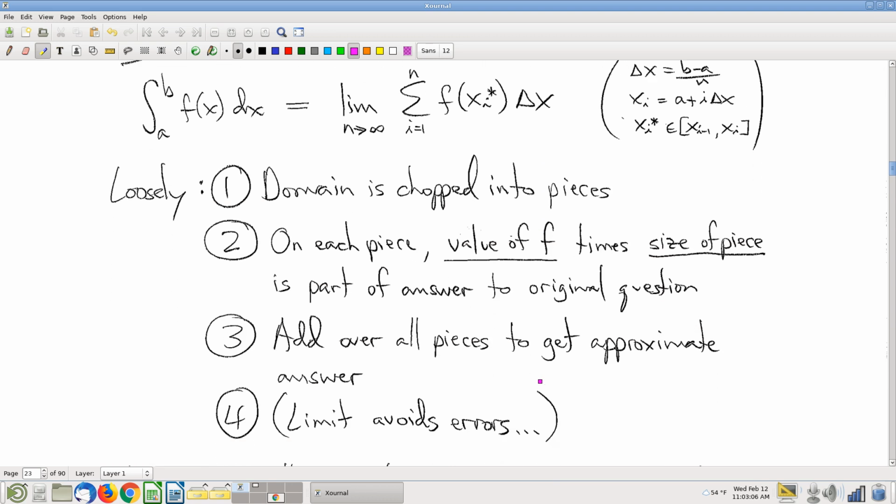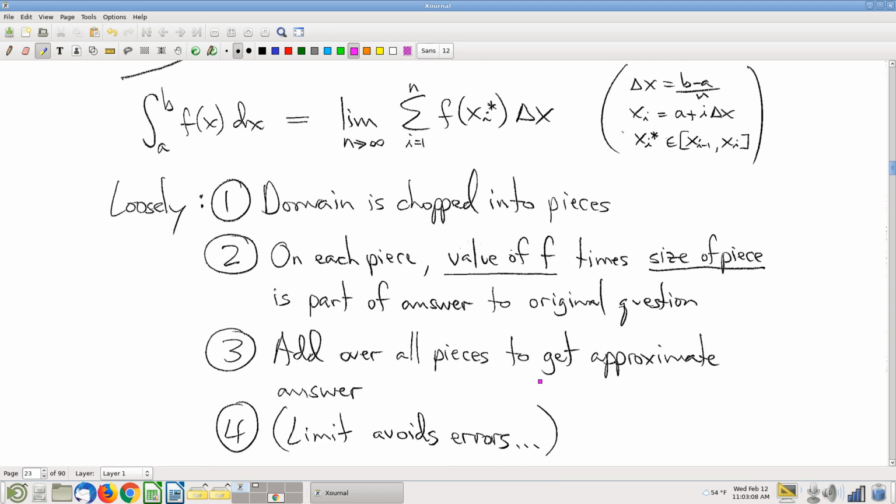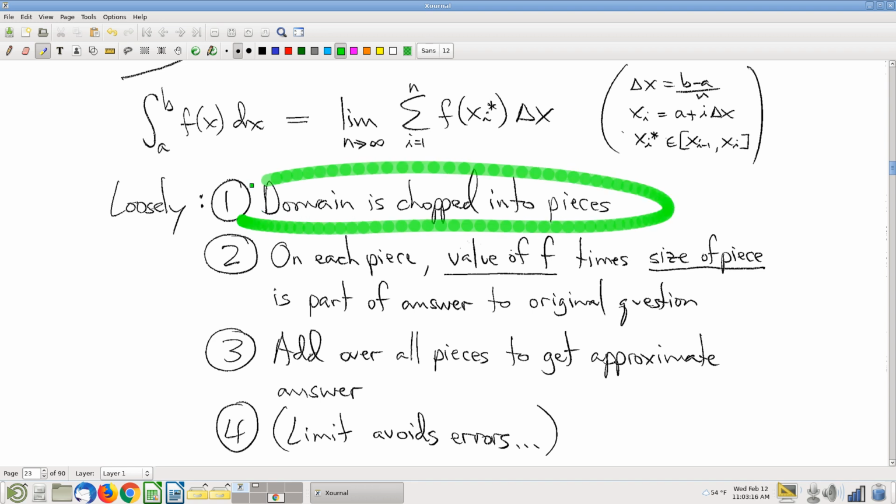Let me point to some things about Riemann sums that are, I think, important. Y'all already know these things, I hope and assume. First, we're going to take our domain and chop it up into little pieces. Here are the specs of chopping up the domain into little pieces.